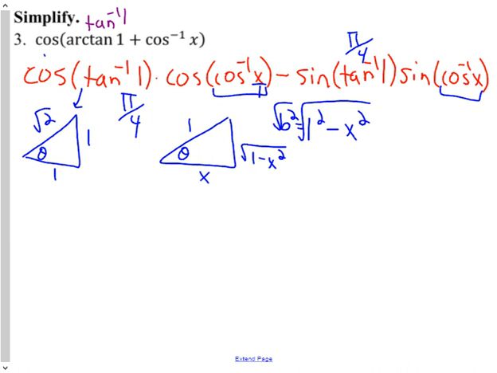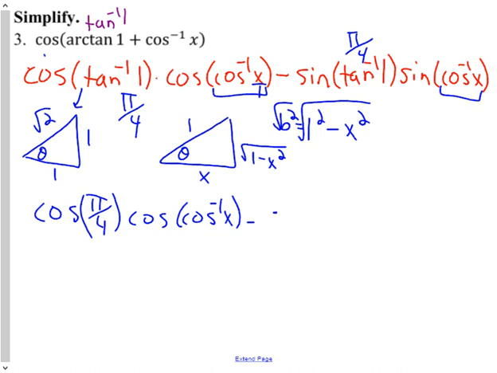Now, rewriting what we have left. We've got cosine pi over 4 times cosine inverse of x, and we can use this triangle to solve that, minus sine of pi over 4 times sine of cosine inverse of x.